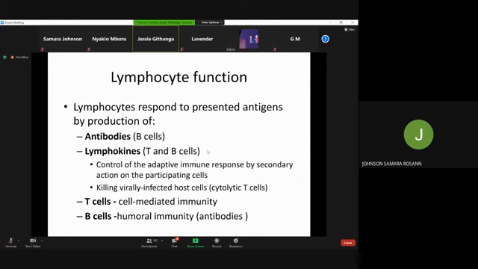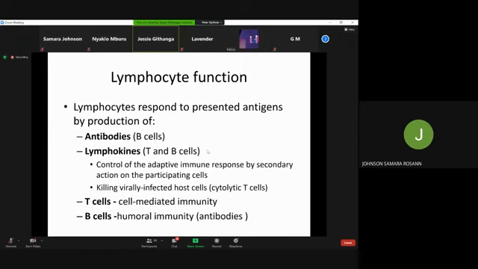So the T cells are involved in cell-mediated immunity, whereas the B cells are involved in humoral immunity, or the antibodies. Now, I don't know if you've had immunology lectures, but in immunology you're going to go into a lot more detail about the different lymphocyte subsets and humoral and cell-mediated immunity.